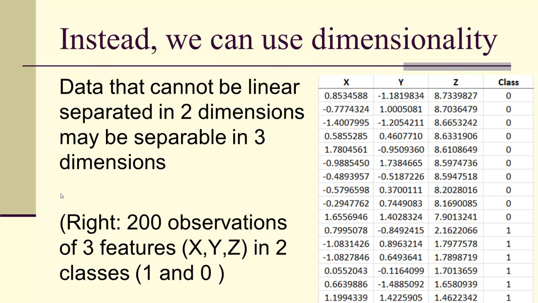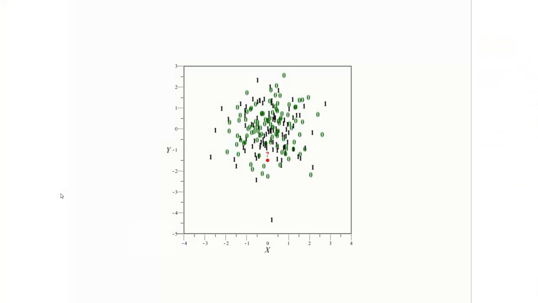So what can we do instead? Well, we can use dimensionality. Data that can't be separated in 2 dimensions may be separable in 3 dimensions. For example, here we have a data set, X, Y, and Z. It's in 2 classes. And let's just look at first the X and the Y. We want to look at this data set in 3 dimensions.